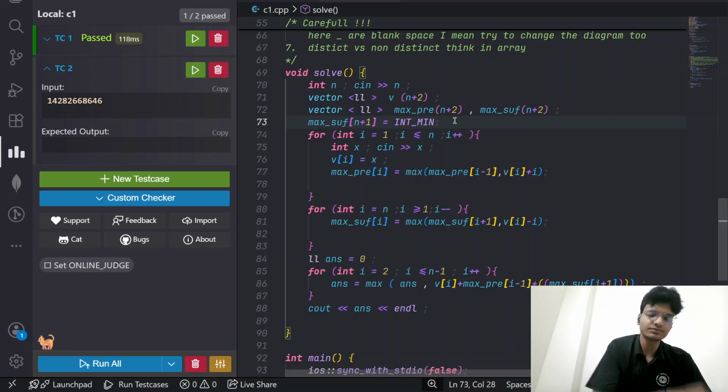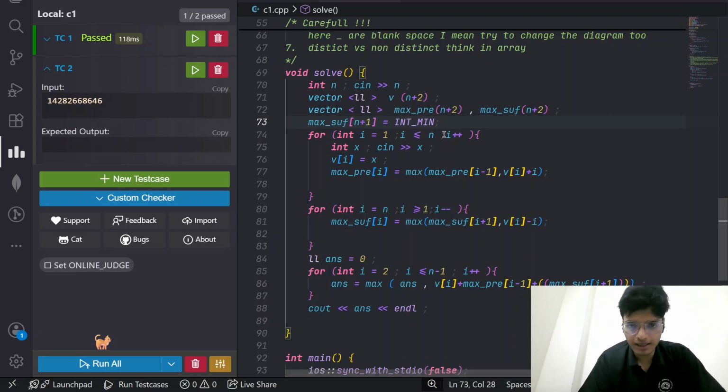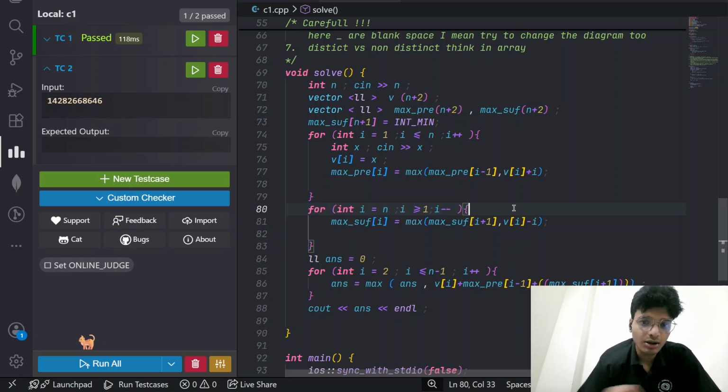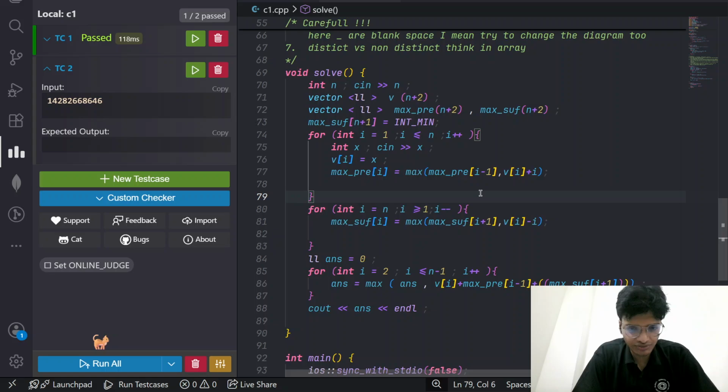Why I have done this? The reason behind this is that, let's suppose the last index is j and the value here is 2 and the ith index is 3. It can be minus 1, and the maximum of 0 and minus 1 is 0. So it's not restoring the actual answer. But when it comes to the maximum prefix of this, we are not doing any minimum.